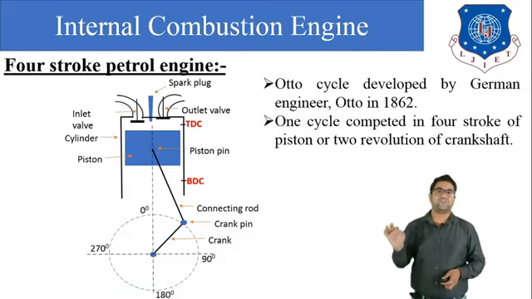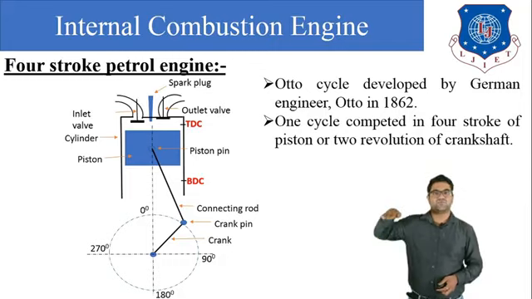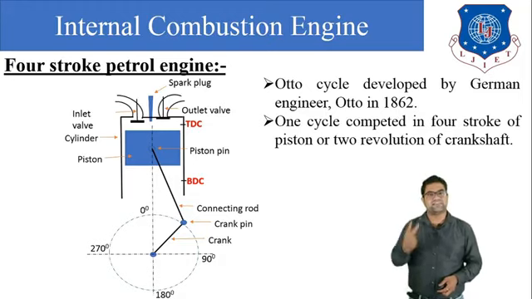Here they mention 4 strokes. 4 strokes means the piston travels 4 times from TDC to BDC or BDC to TDC. First, when the piston travels from TDC to BDC, that is the suction stroke. Then the piston moves from BDC to TDC, that is the second stroke, the compression stroke.